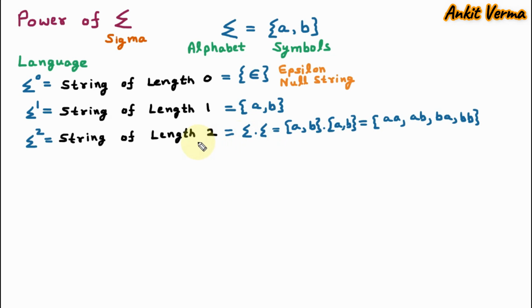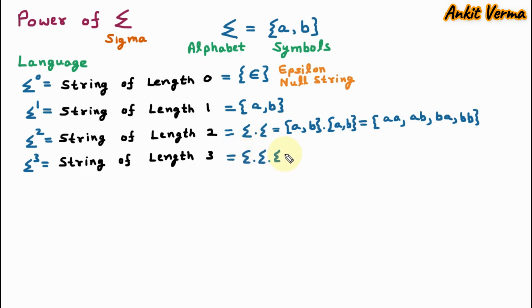Now we are taking another language which is the set of all strings of length 3. This can be denoted by sigma raised to the power 3. We can also write sigma raised to the power 3 as sigma into sigma into sigma, so 3 times we are multiplying the sigma.